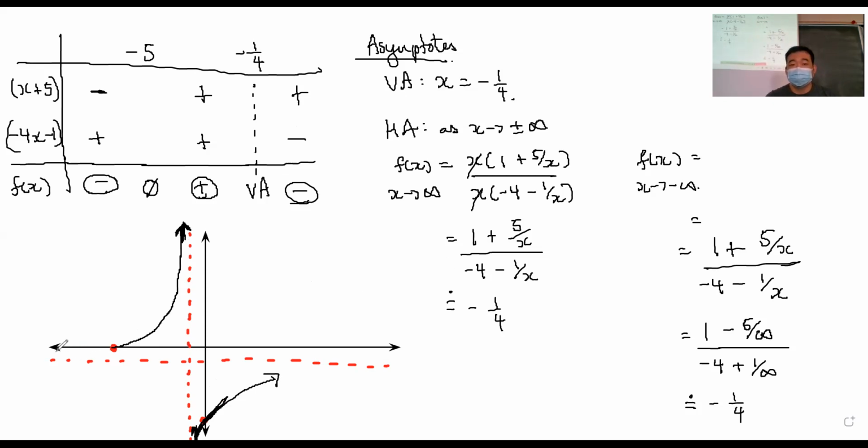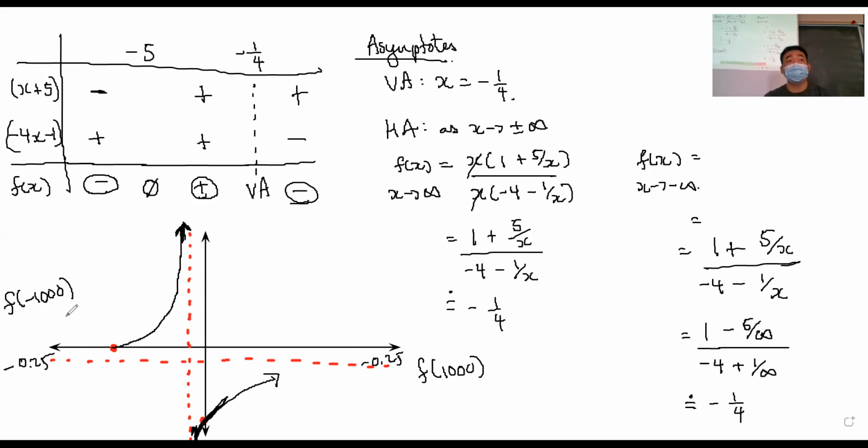So let's test it. Can you plug in a negative 1,000 here? Someone please plug in a positive 1,000 and let's see if it's above negative 0.25 or below negative 0.25. Can you do that for me?